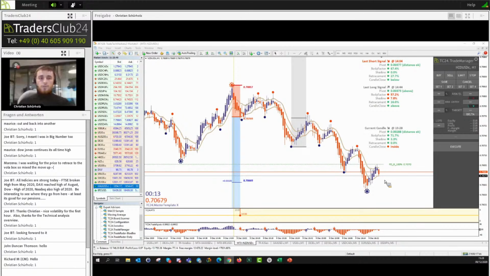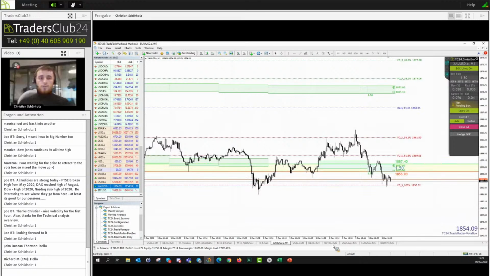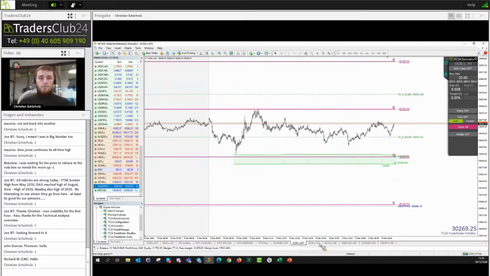So yeah, no signal given here on New Zealand dollar. We might receive something here from gold in the future, but a minute now until market opening. Shame there's nothing available at the moment on the DAX.